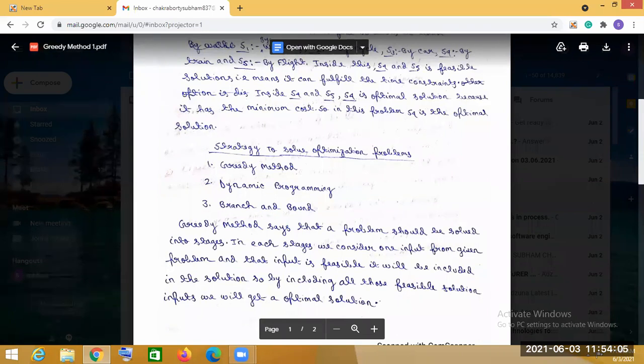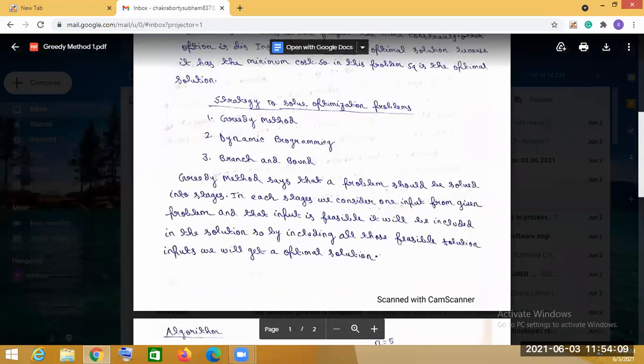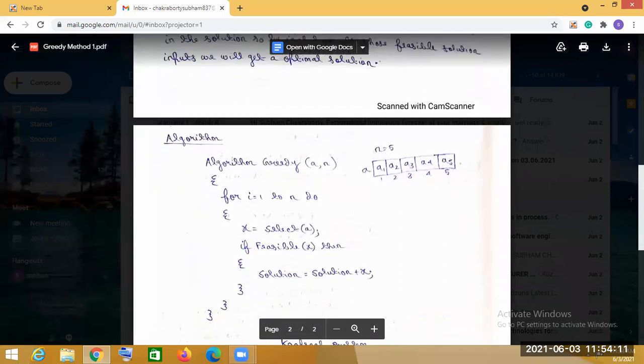Okay. So this is the greedy approach. Now we will see a simple algorithm of the greedy method. In this algorithm, we are naming the algorithm Greedy, and it takes two inputs: the array and the size of the array.